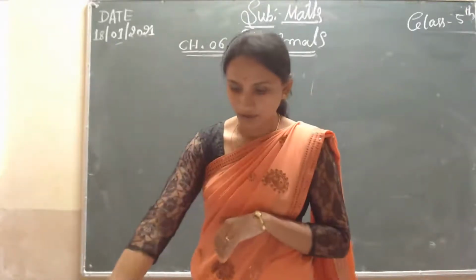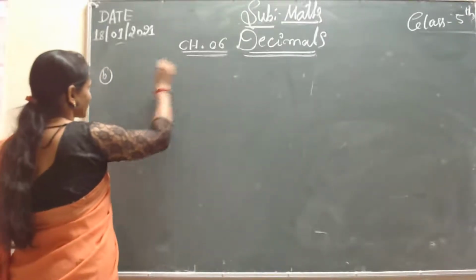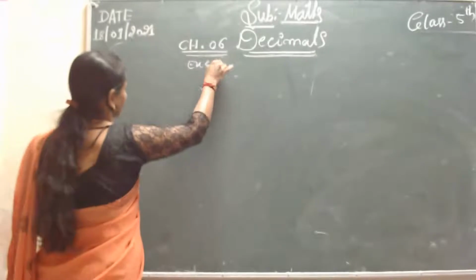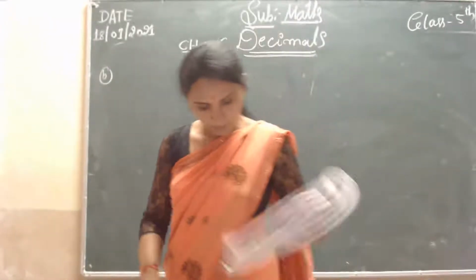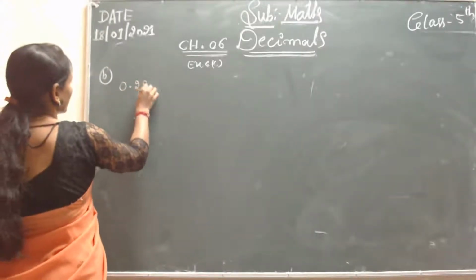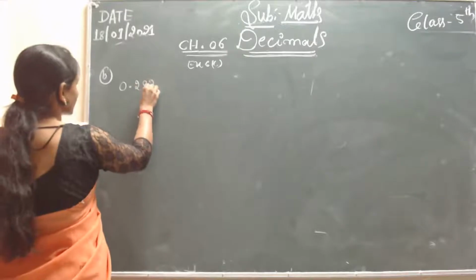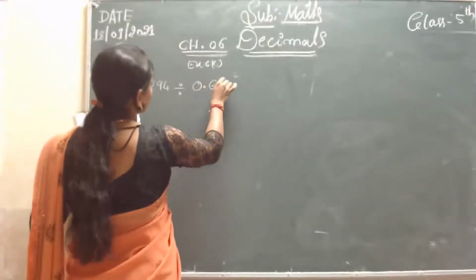So in question number B, in this exercise 6C, yes, question number B is 0.28294 divided by 0.062.